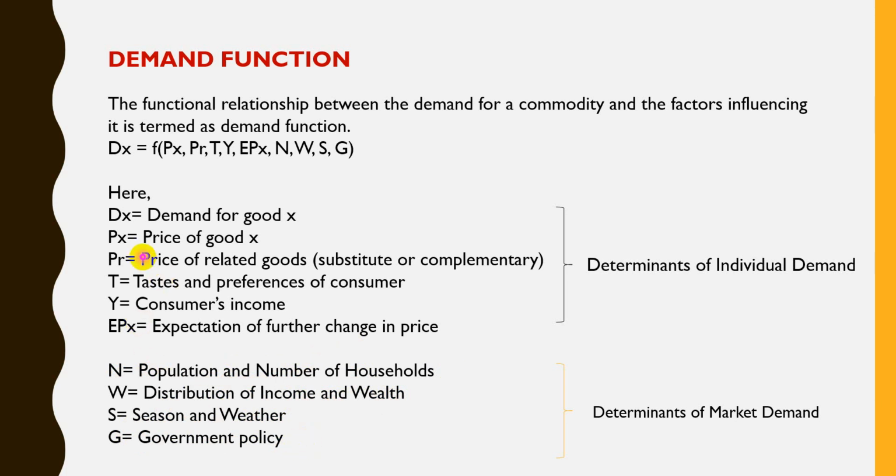Out of these, Px, PR, T, Y, and EPx are the individual demand determinants. That means these determinants affect different individuals differently. And N, W, S, and G are the market demand determinants. These determinants affect the market demand.